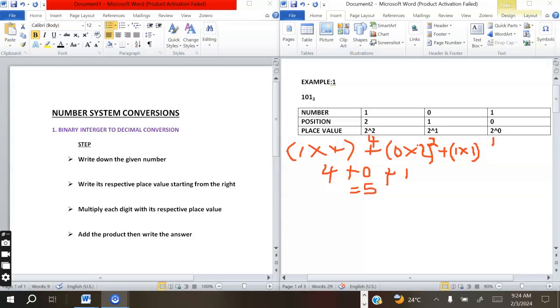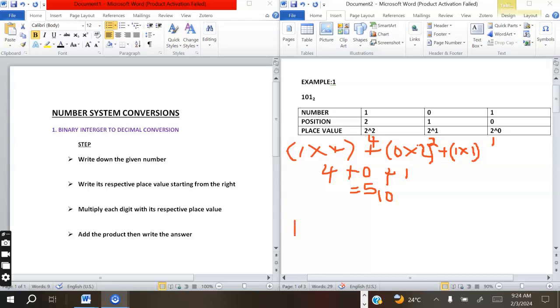So when you convert 101 base 2 to a decimal number, it gives us 5. Whenever you are writing the final answer, you need to give the base of that number. This is a decimal number, therefore it has base 10.